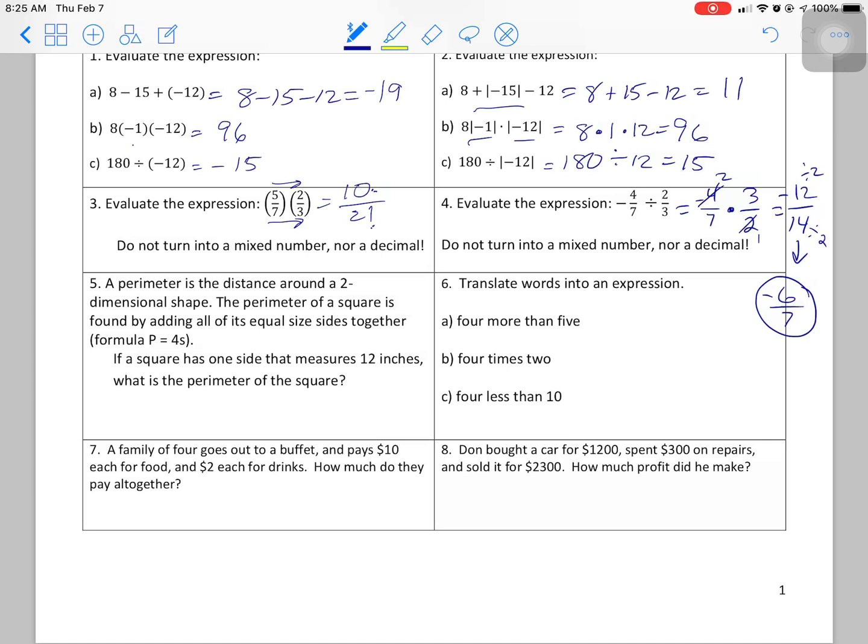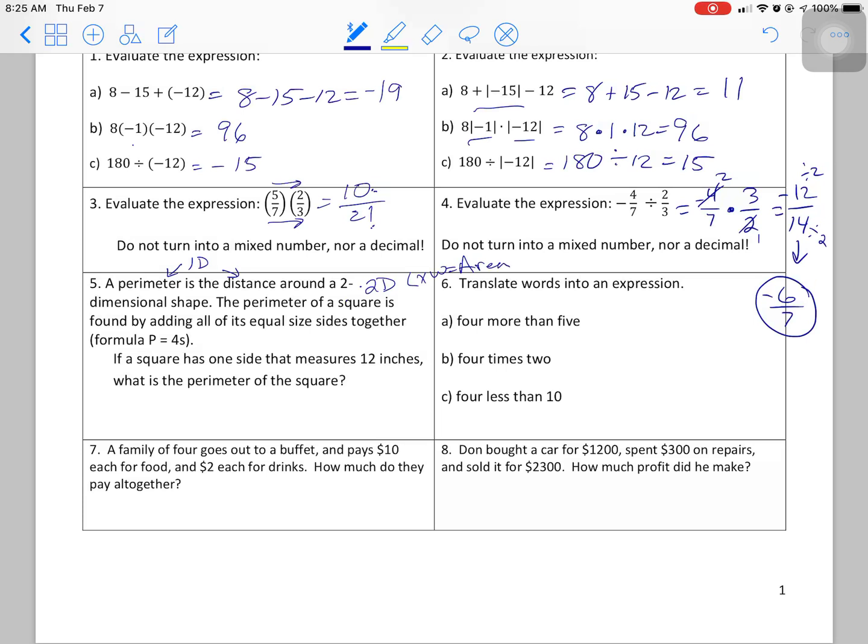But perimeters are distance around, so it's a little complicated of a sentence. Let me write that down. So perimeter is one-dimensional because it's a distance, okay? A 2D shape has a length times a width to get the area. So the wording's a little weird, sorry.